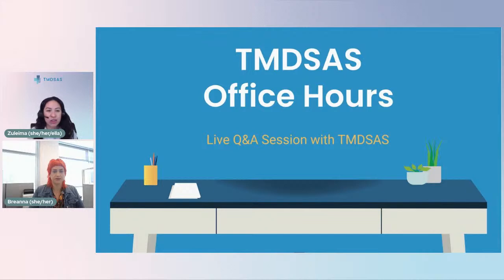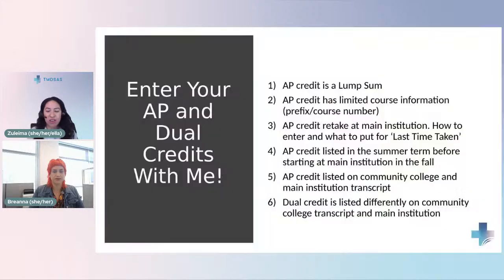So we'll go ahead and get started with the presentation, and we'll go to the next slide. We have a couple of bullet points that we want to touch base on. One is AP credit when it appears as a lump sum with limited course information, such as maybe it doesn't have a prefix or a course number.